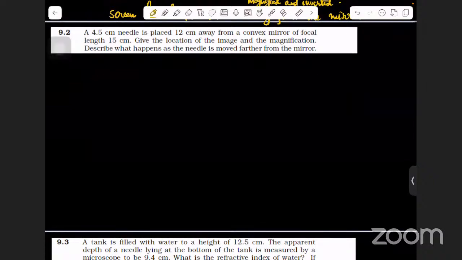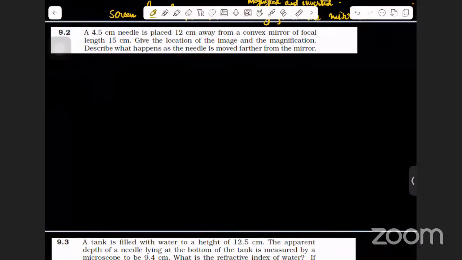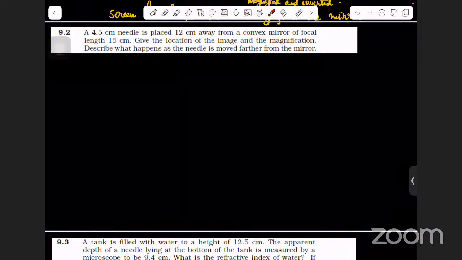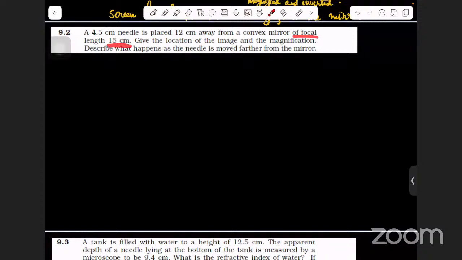So coming over here, the second question. Let's read out the question first. The question says, a 4.5 centimeter needle is placed 12 centimeters away from a convex mirror, this time of focal length 15 centimeters.